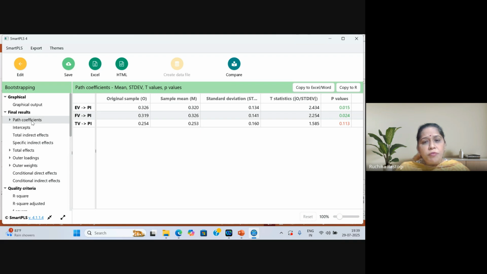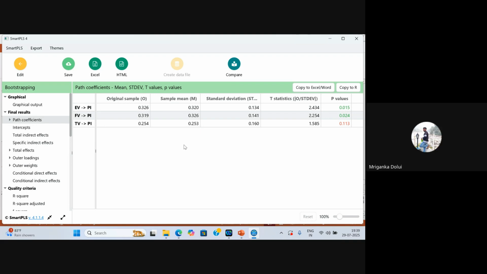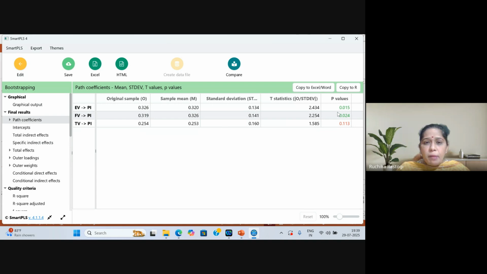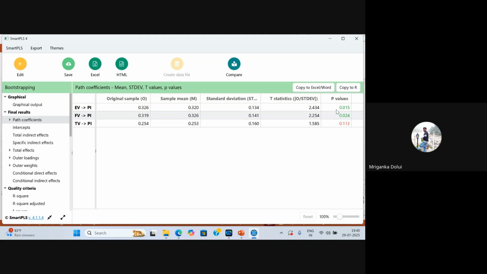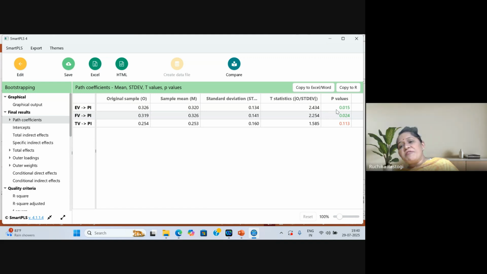Click on path coefficients. Can you see the p-values? Yes, ma'am. So, what is about the first one? Is there any significant relationship between EV and PI? Is it less than 0.05 or not? Yes, it is significant. It is less than 0.05, ma'am. It is 0.01.